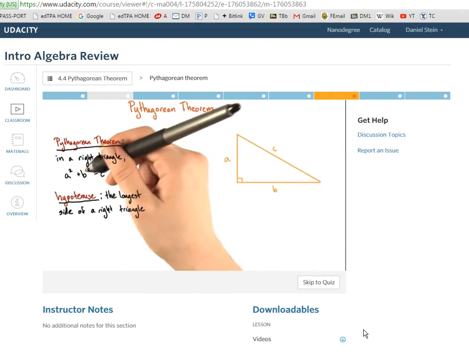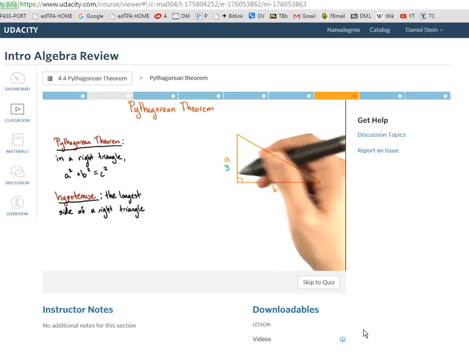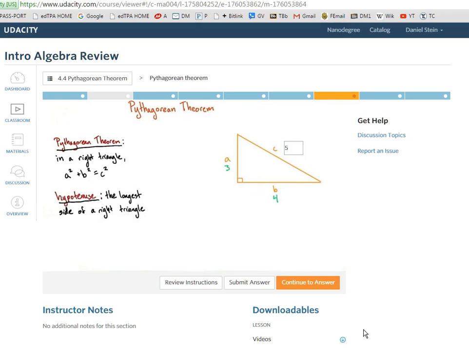So, given that a squared plus b squared equals c squared, and c is the hypotenuse, what is the length of the hypotenuse when a is equal to 3 and b is equal to 4? Enter your answer here. If I understand, I have to square 3, I have to square 4, that gives me an answer, and then I have to take the square root of it.